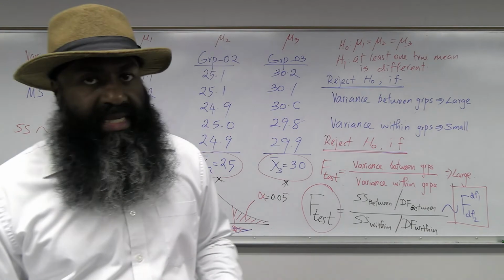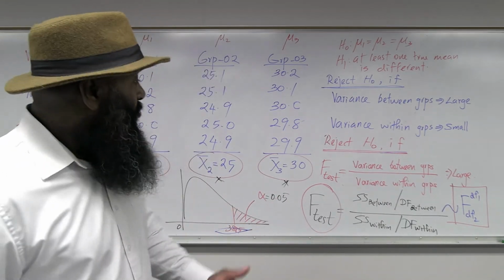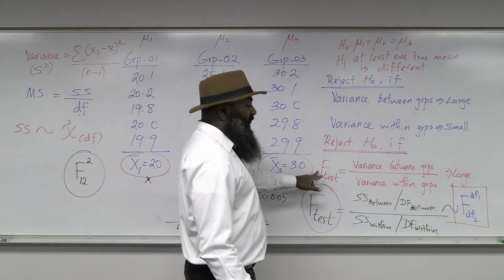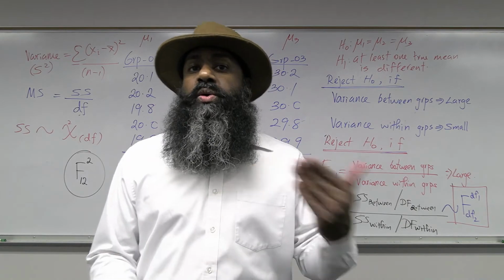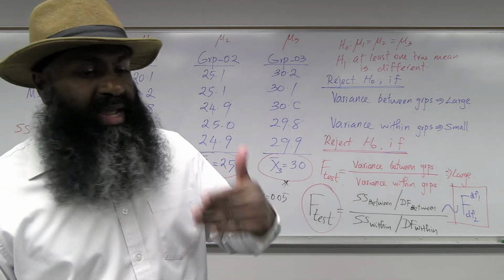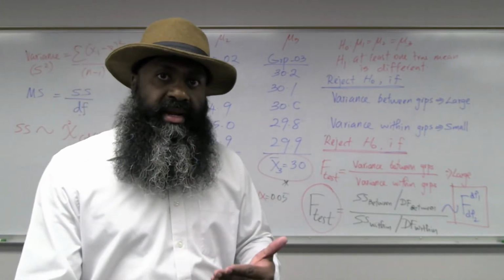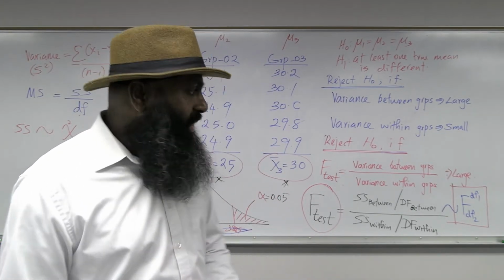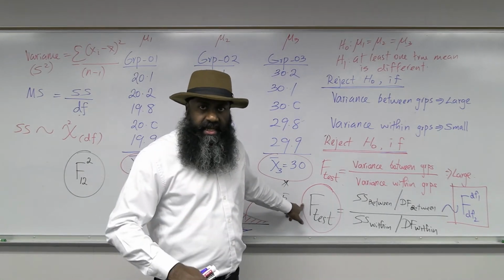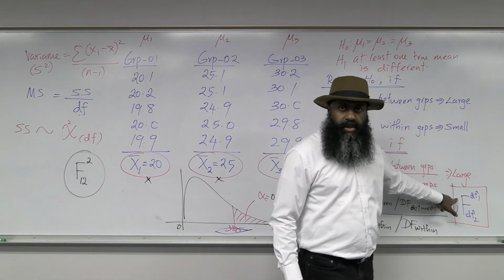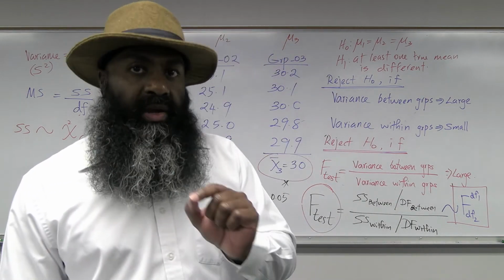But there are some cases where I will not give you the data set. Instead, I will tell you what should be the F test statistic, and I will also give you some information for you to figure out degrees of freedom for numerator and degrees of freedom for denominator. And I will ask you to calculate the p-value. In that case, you have to find the area to the right from the given test statistic of the corresponding F distribution using FCDF in your calculator.